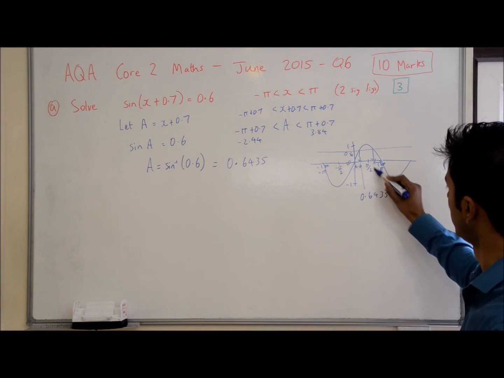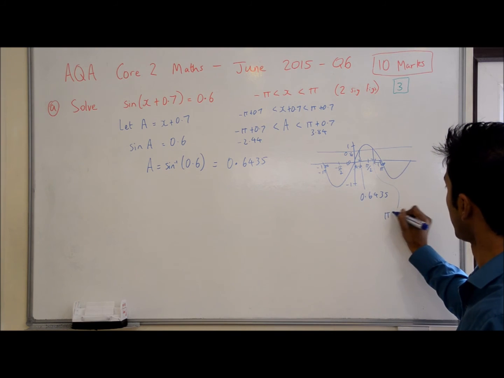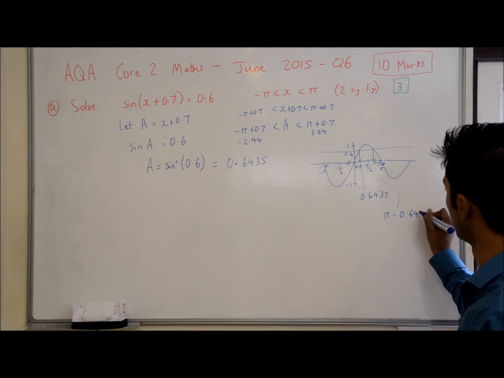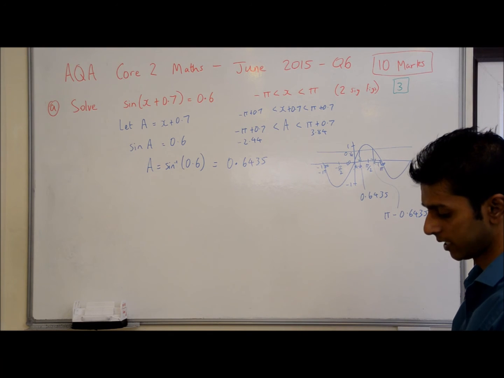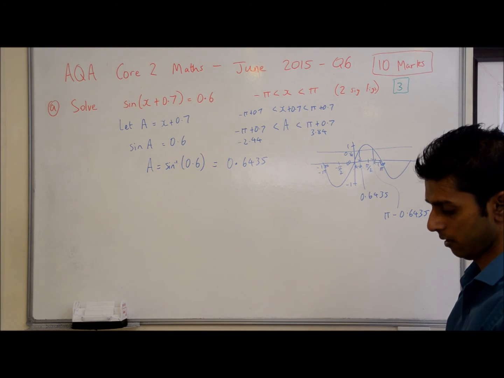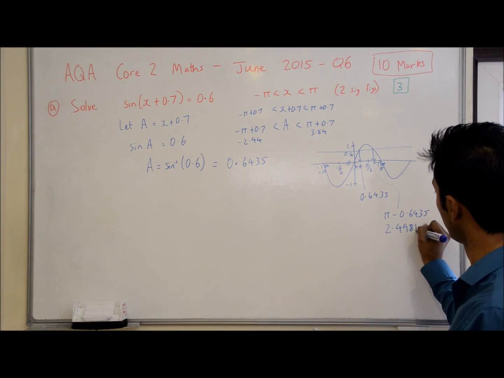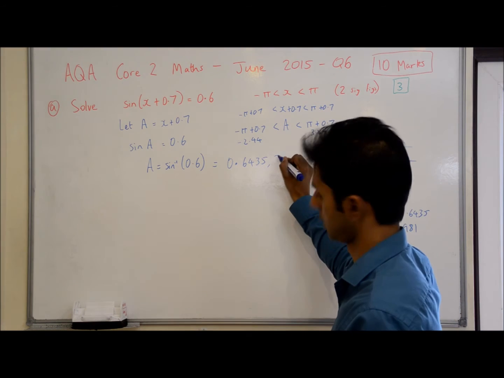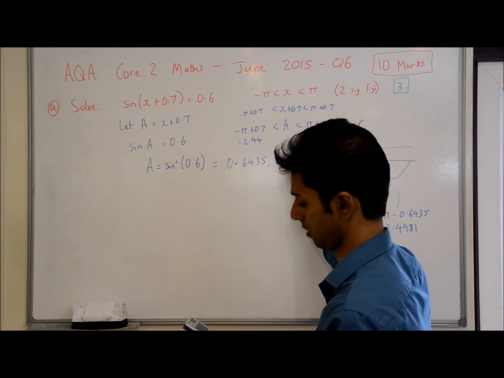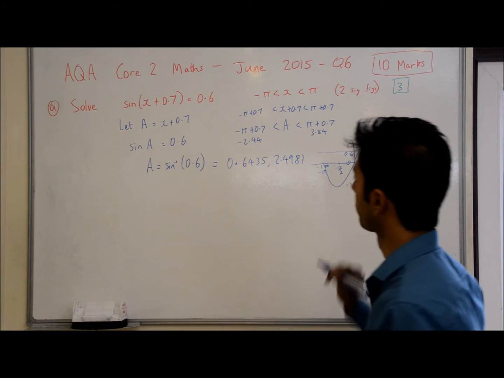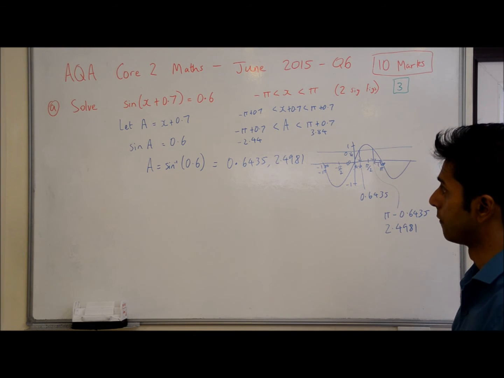So to get this value, we do pi take away 0.6435. This is known as the pair value. Pi minus the previous answer gives you 2.4981. So these are the 2 values for sin A.